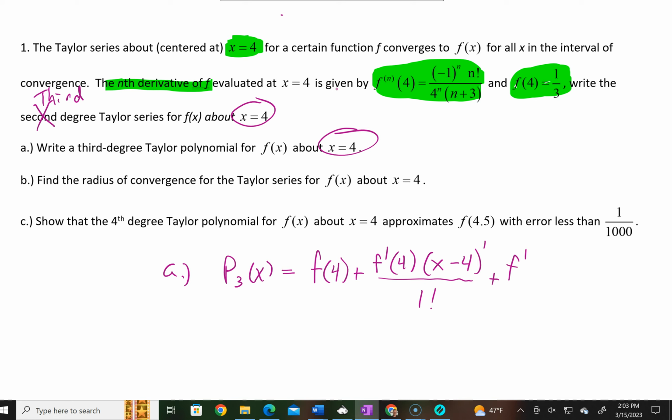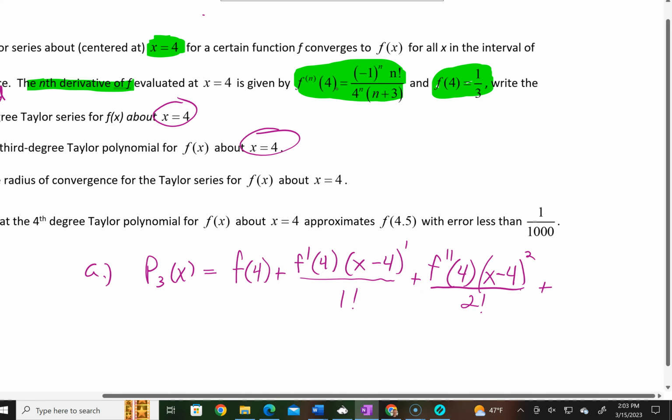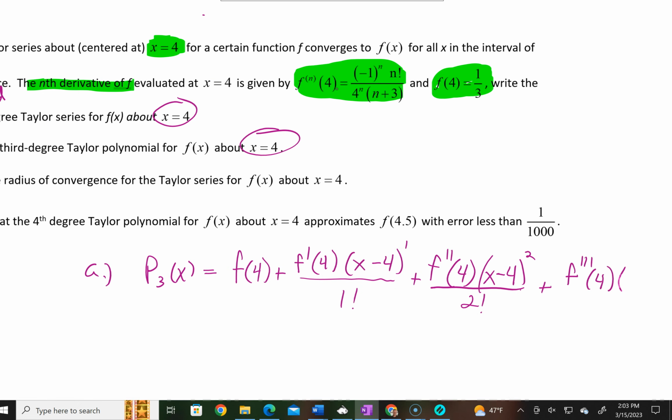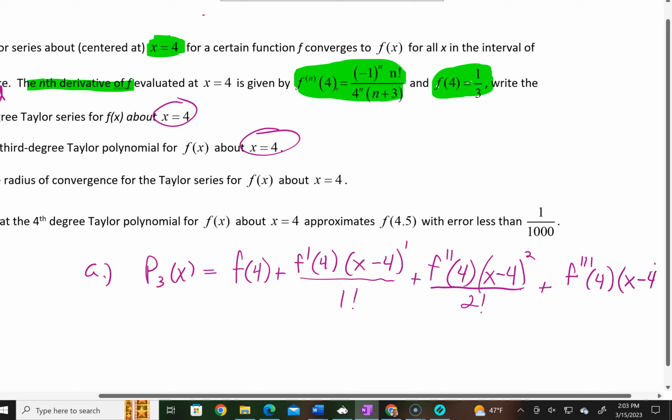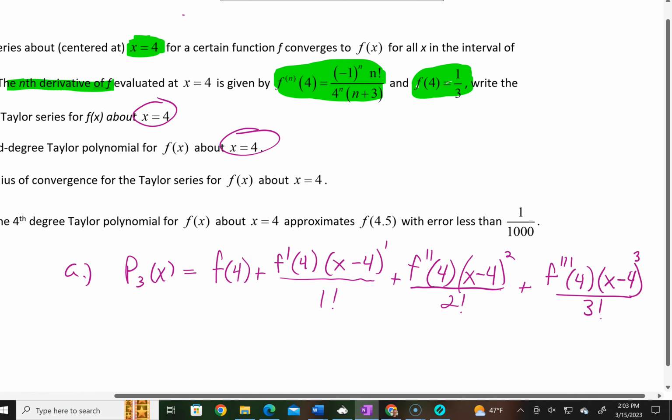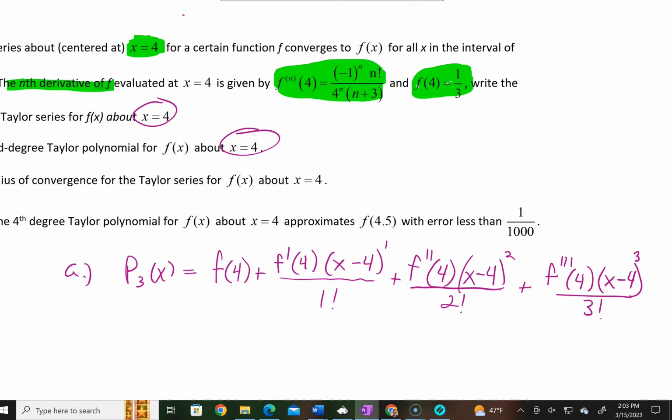Then we'll take the second derivative at 4, times x minus 4 to the second power, divided by 2 factorial. And then let's go one further step. It's always x minus where you are centered, right? If you look back in your notes from 12.10, you'd see x minus c to a power. c is where you are centered. They're telling us that we're centered at 4.